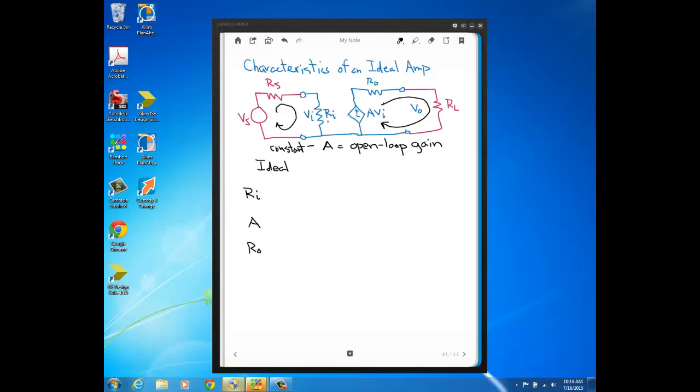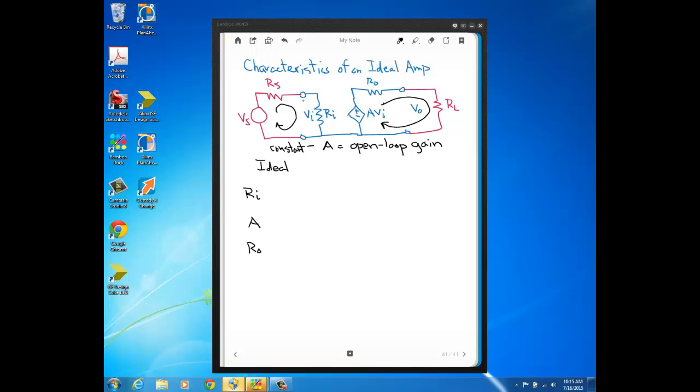So first let's look at, well, what value of input resistance would help make V out as large as it possibly can be? Well, look, this dependent voltage source, one of the things it depends on is VI. So if VI is a big number, that's going to help V out be a large number.